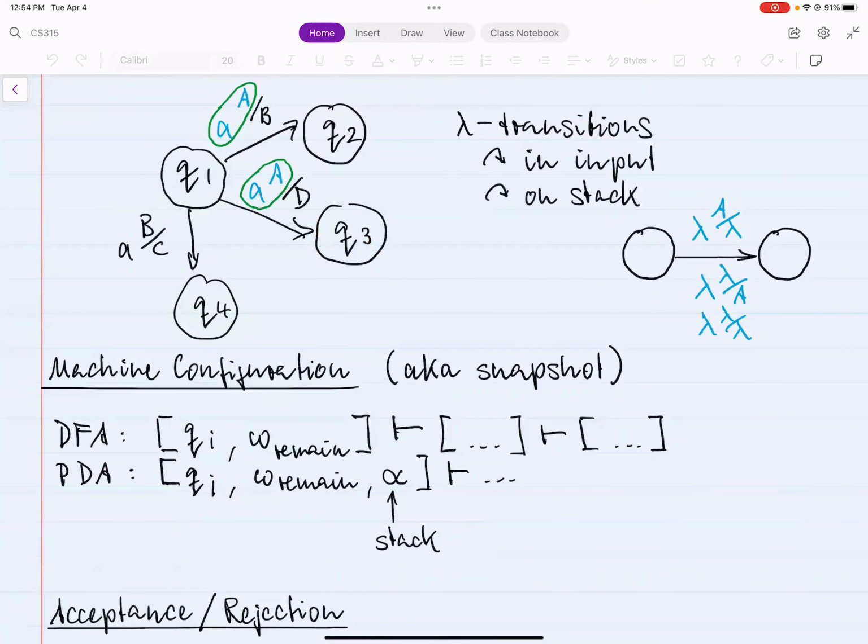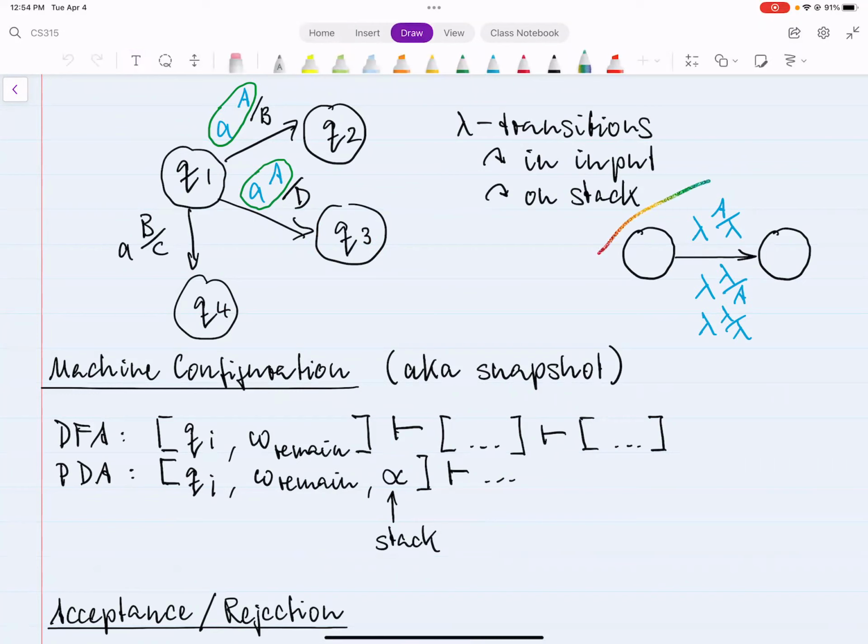What comes in handy is to look at these transitions where you don't eat an input symbol, where you don't pop something off the stack, where you don't push anything on the stack. But convince yourself that these lambda state transitions or partial lambda state transitions come in handy now.